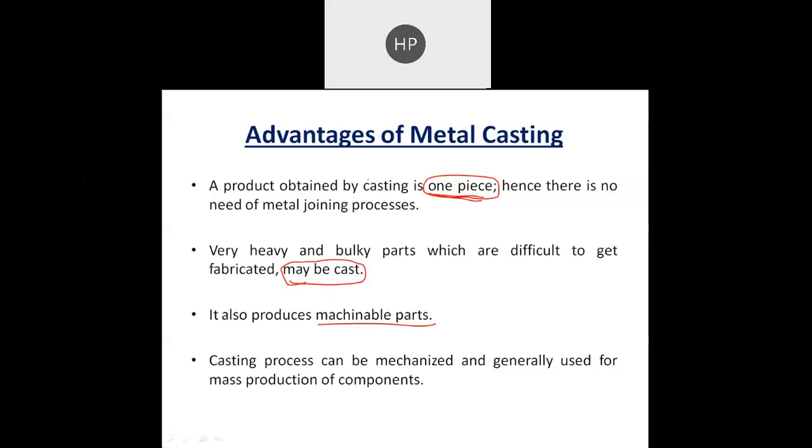Then the casting process can be mechanized and is generally used for mass production of components, where we require a large number of products of generally the same size.